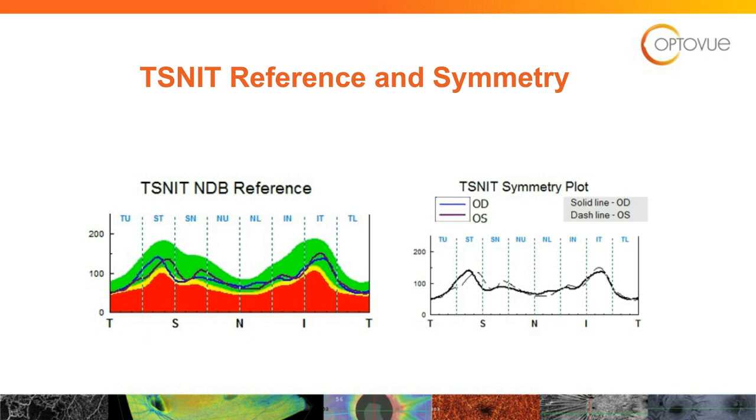The yellow is less than 5%, and the red is less than 1%. So we can see where this patient falls all across the TISNET scan, the circumpapillary scan, essentially. And then on the right-hand side, we could look at symmetry, just comparing the right and the left, and is the difference between those two significant?